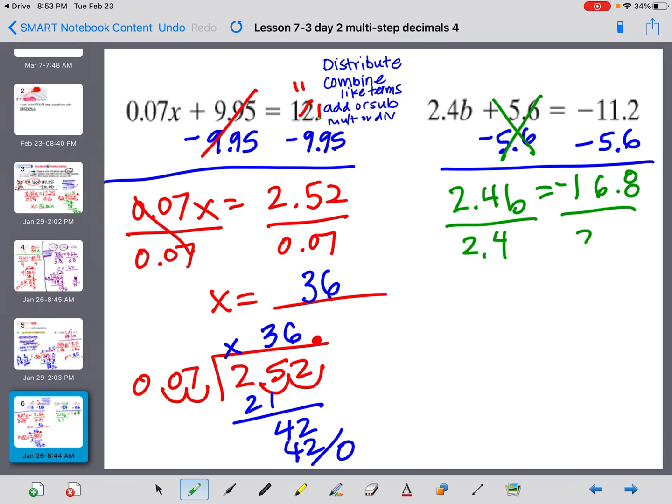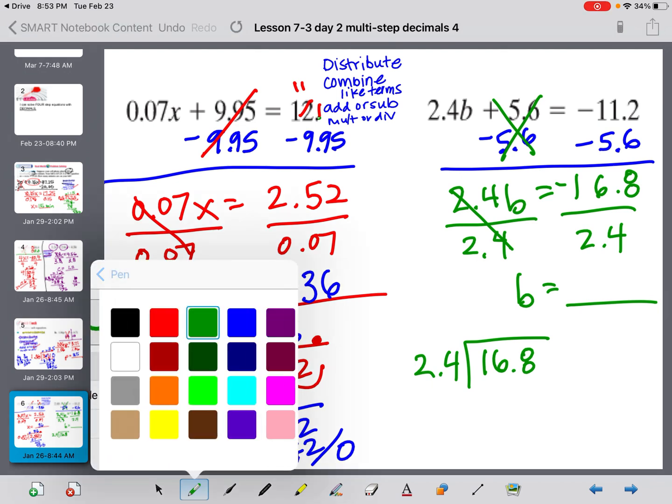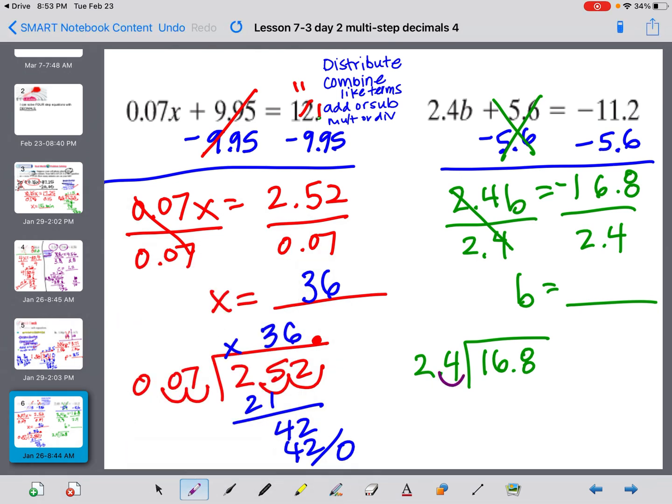Now divide. Top one on the inside. No decimals outside.